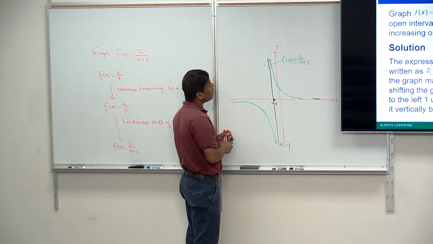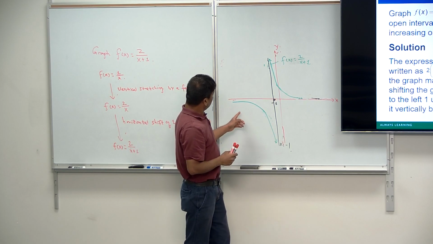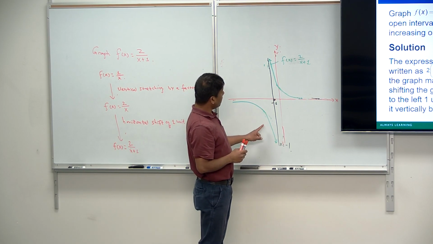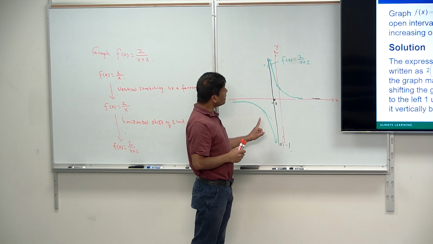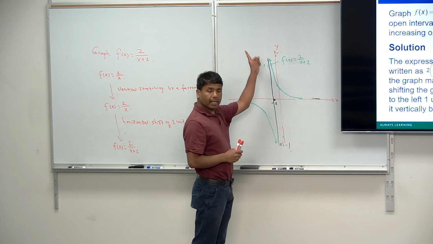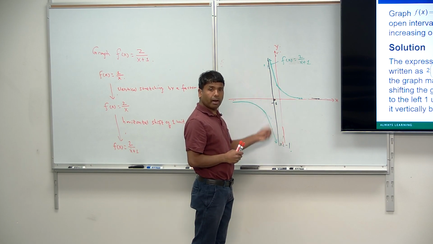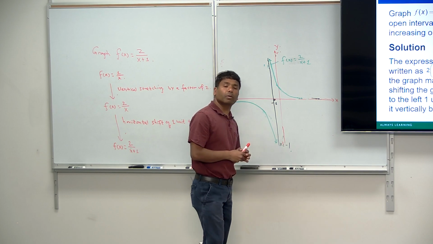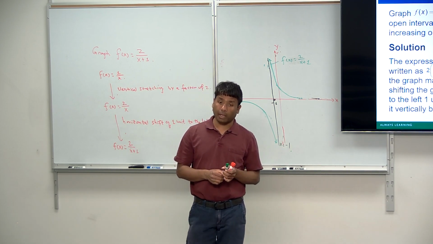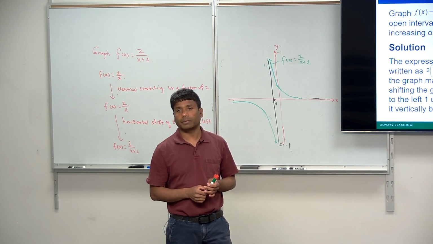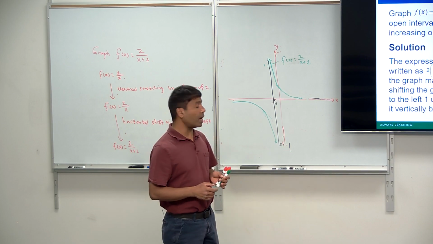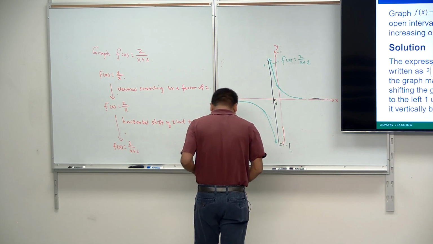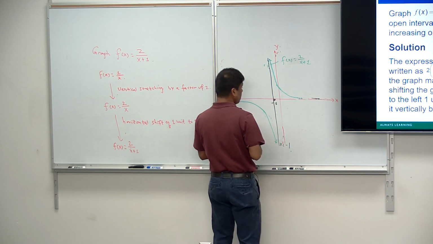So now look here, guys. The green graph never intersects the vertical line x equal to negative 1. So x equal to negative 1 is the vertical asymptote. Make sense?